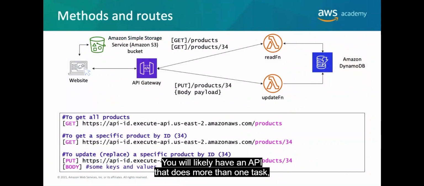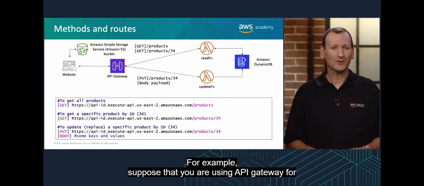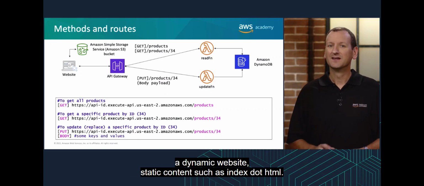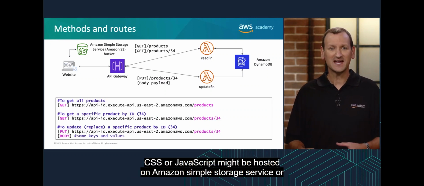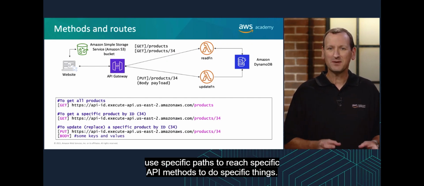You will likely have an API that does more than one task. Therefore, a default endpoint won't give you everything that you need. For example, suppose that you are using API Gateway for a dynamic website. Static content, such as index.html, CSS, or JavaScript, might be hosted on an Amazon Simple Storage Service, or Amazon S3, bucket and use specific paths to reach specific API methods to do specific things.